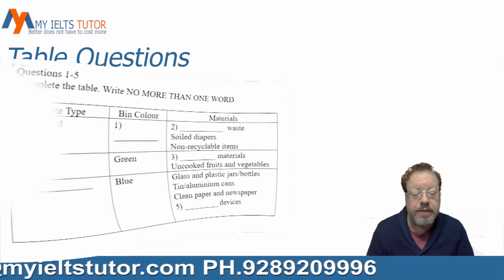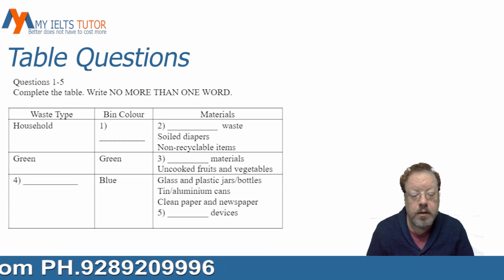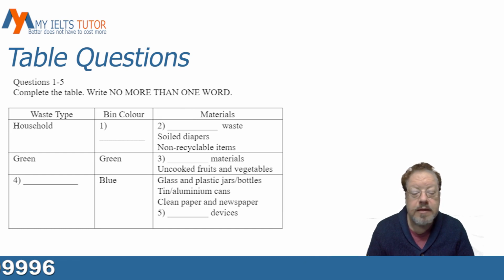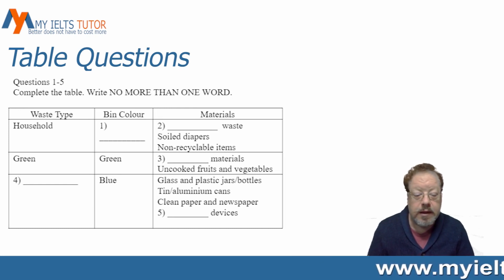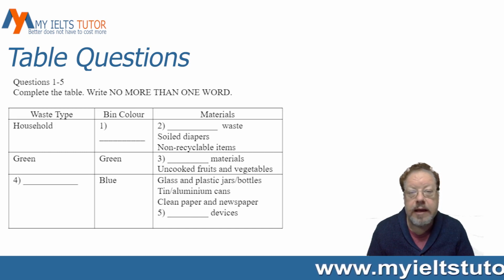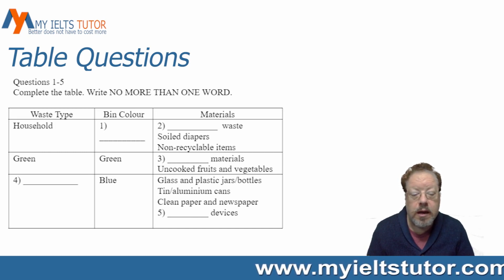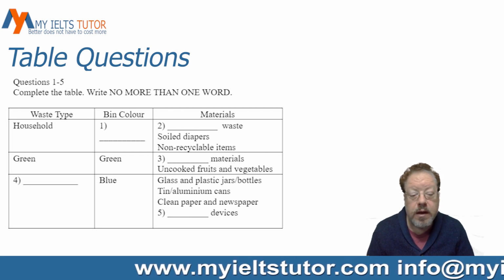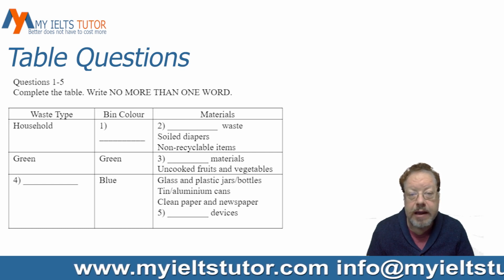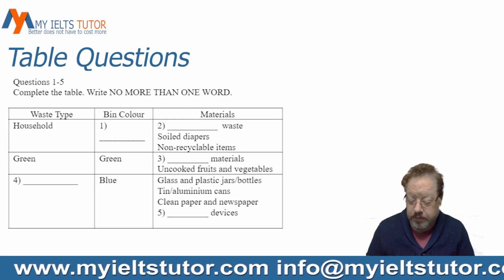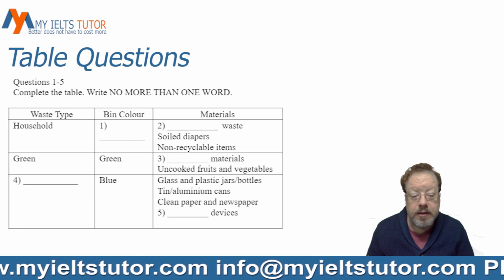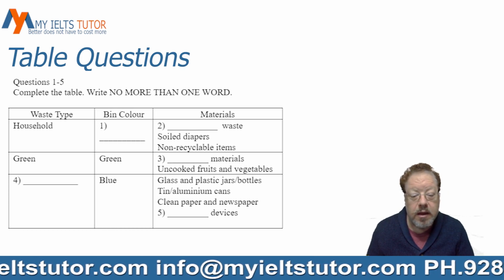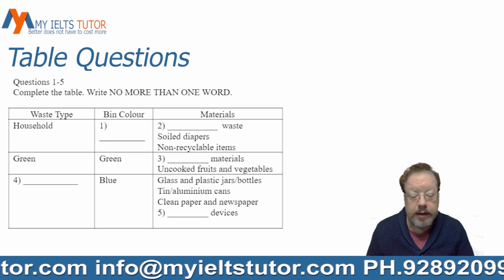Sentence completion is basically you have a sentence where you have to fill in the gap with either a word or phrase. And so it's very similar to, like I said, form completion or table completion. But for table completion, you have basically different categories that you have to match details in as you hear them. And so this is what a table completion looks like, as you can see from the screen.